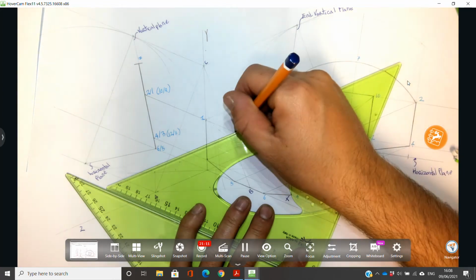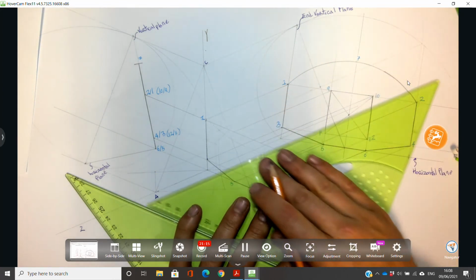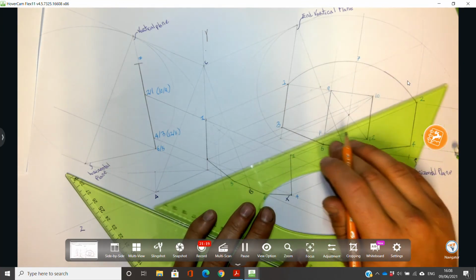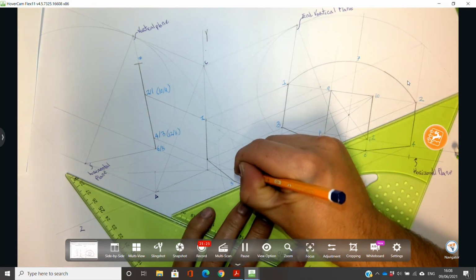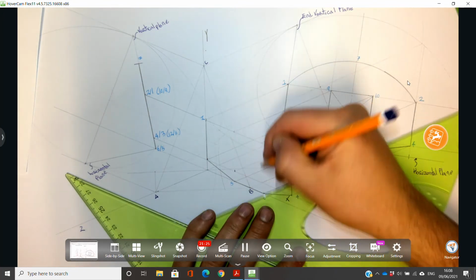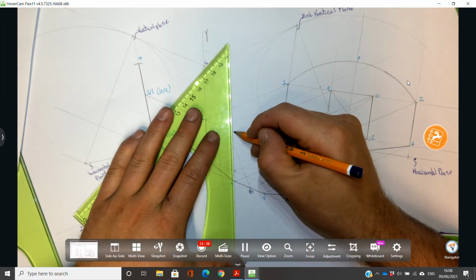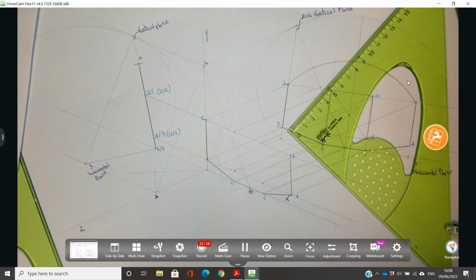Going to bring 9 down, 10 down, 12 down, 11 down, and mark them in lightly here, as I'm going to have a sphere in later.